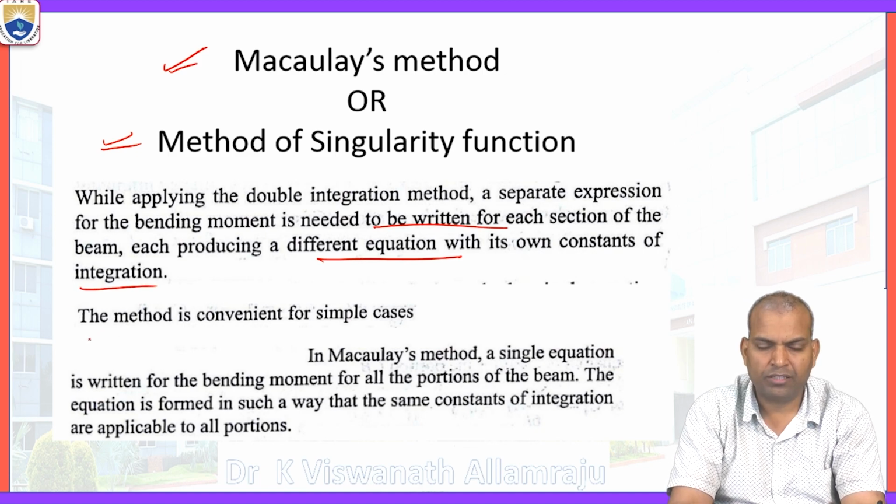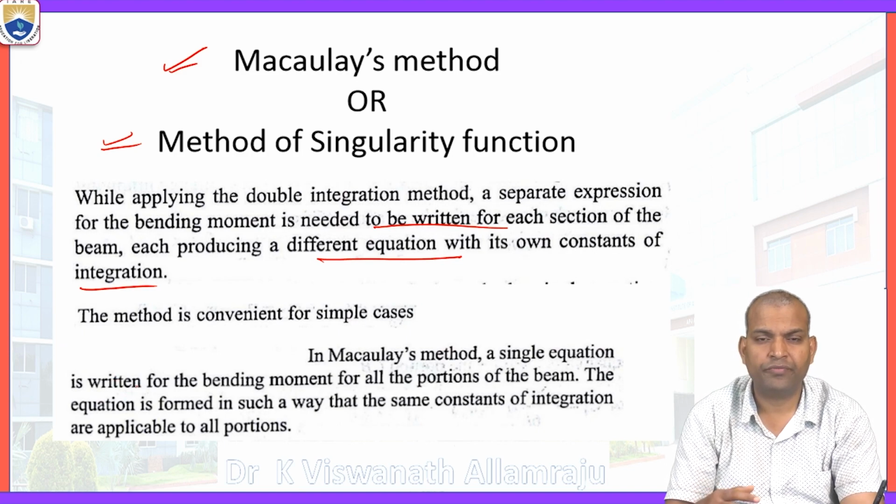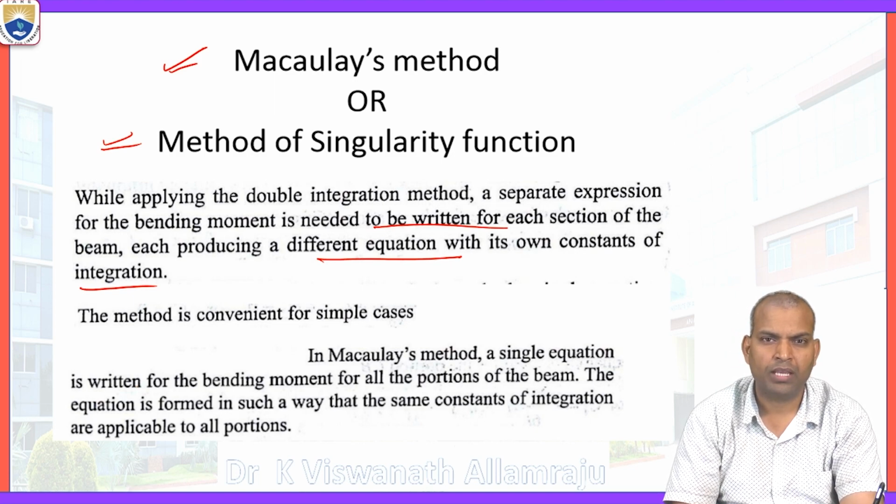That's why the double integration method is only highly convenient for simple cases. So far all cases are simple cases. If multiple concentrated loads act on the beam, the constants of integration become C1, C2, C3, C4 and so on.